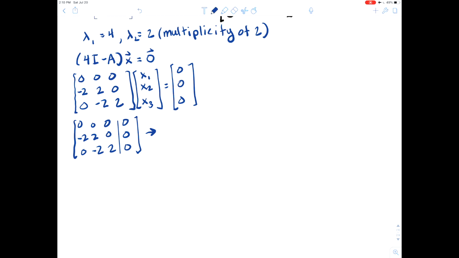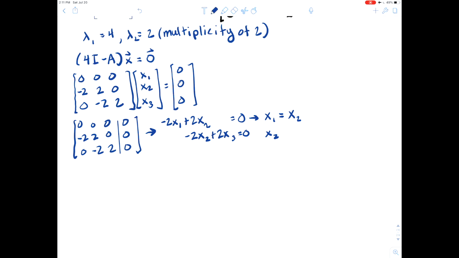We'd end up with, beautiful, negative 2x1 plus 2x2 is 0. And we'd have negative 2x2 plus 2x3 is 0. And this one would give us what? x1 would equal x2, right? And what else?